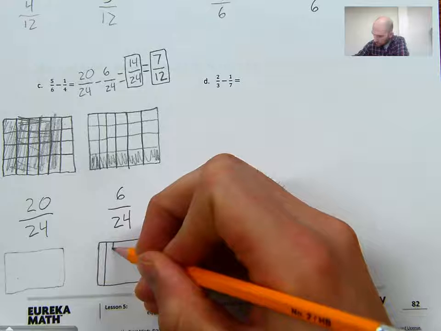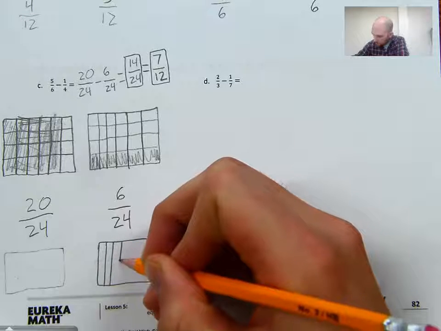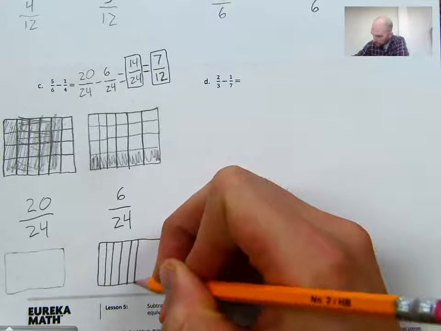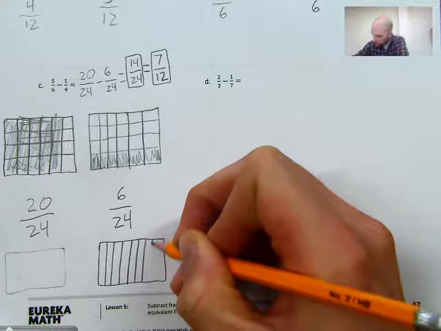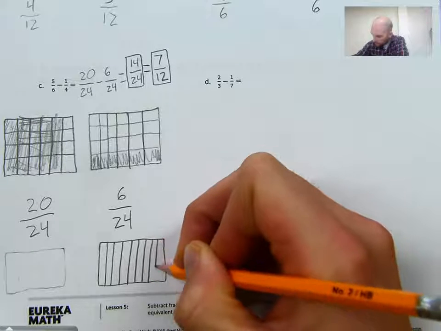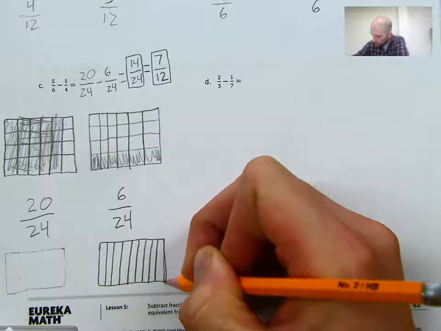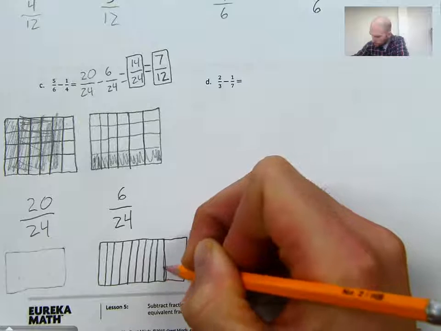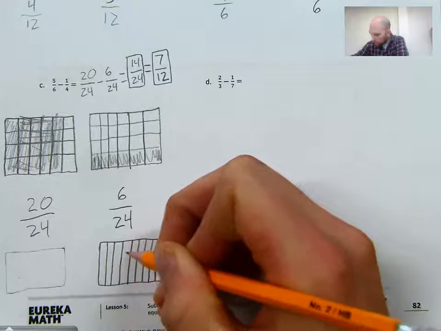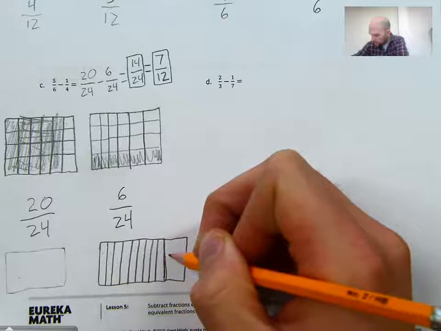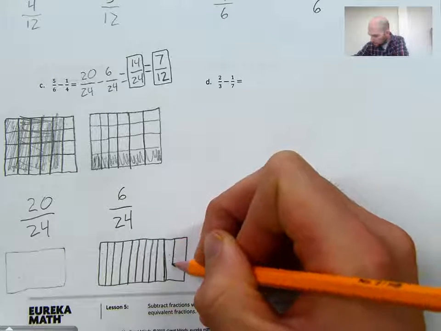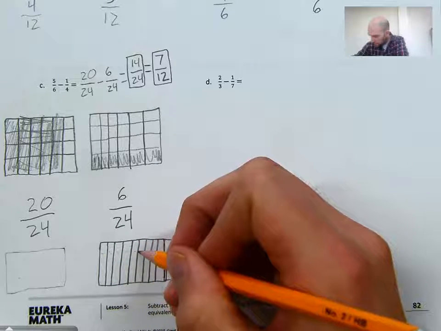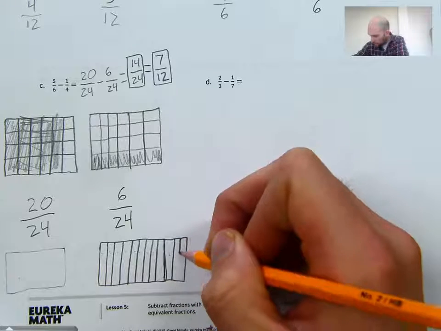1, 2, 3, 4, 5, 6, 7, 8, 9. I want to add a little bit on. 1, 2, 3, 4, 5, 6, 7, 8, 9, 10, 11. 1, 2, 3, 4, 5, 6, 7, 8, 9, 10, 11, 12.